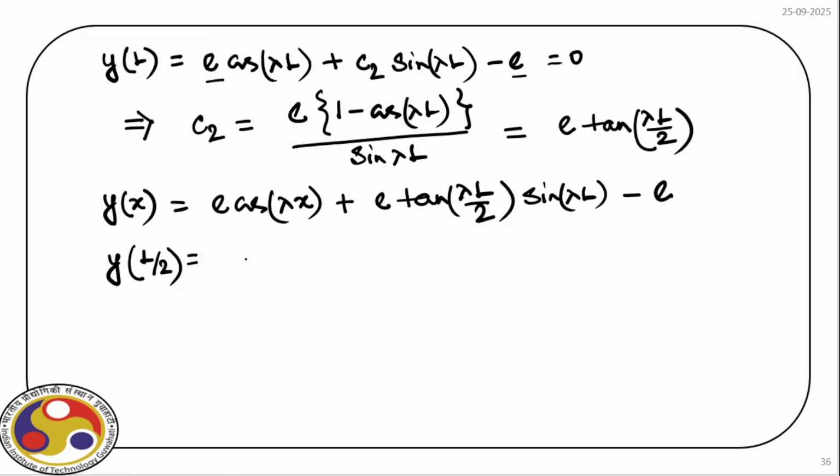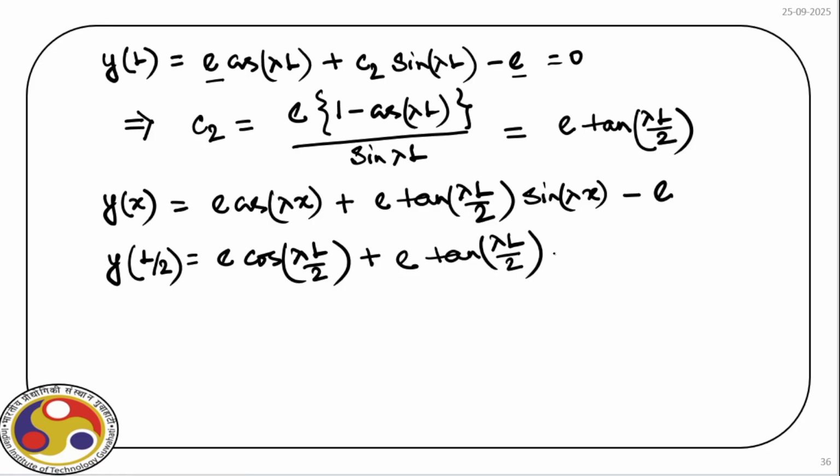For that, we have E cos lambda L by 2 plus E tan lambda L by 2, then sine lambda L by 2, minus E.